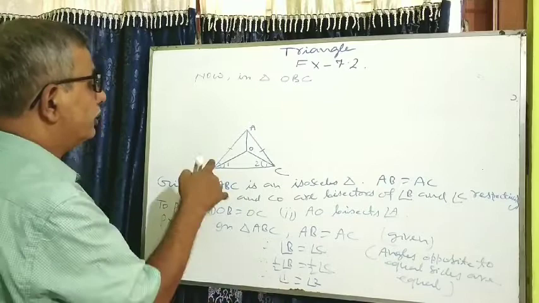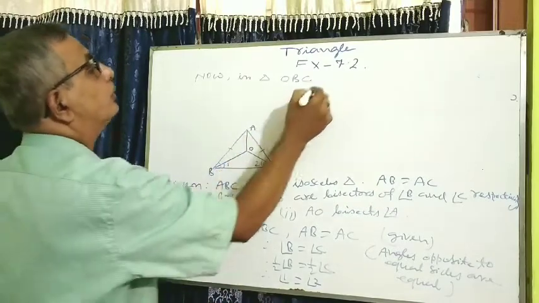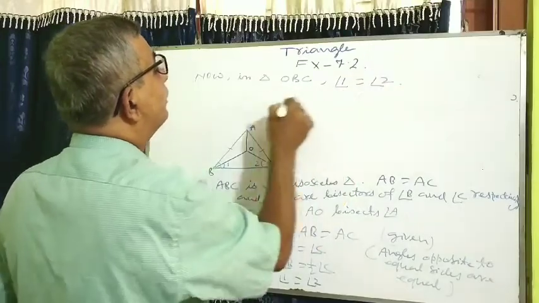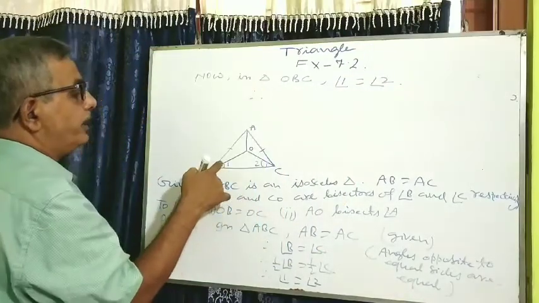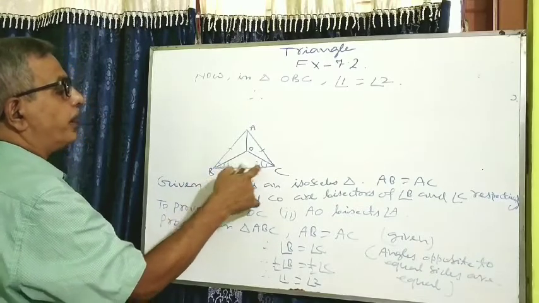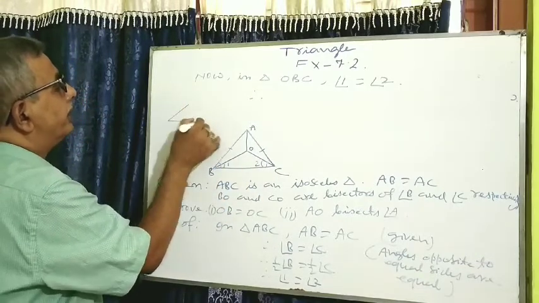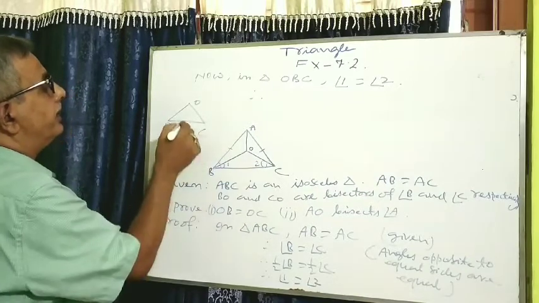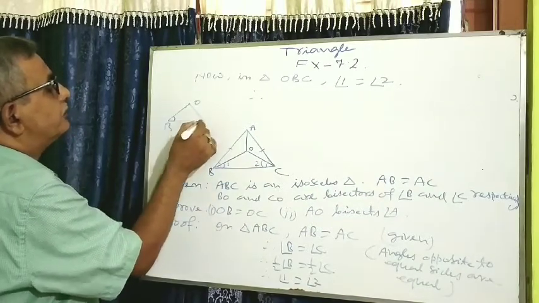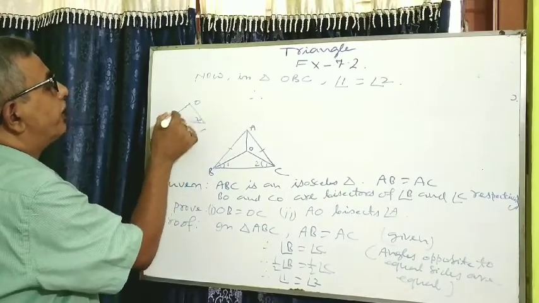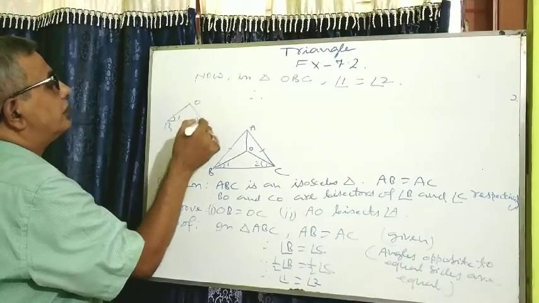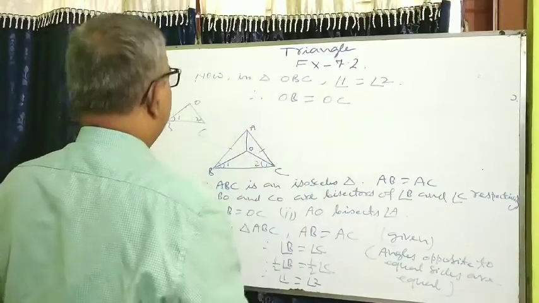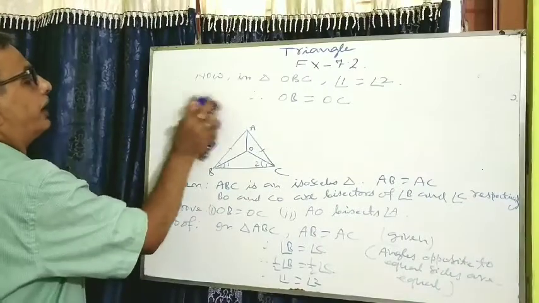Angle 1 is equal to angle 2. Therefore, what will happen? Whenever two angles are equal, their opposite sides should be equal. Here you see, OBC, this triangle. Here what happened? This angle is equal to this angle, 1 is equal to 2. So their opposite sides will be equal. So OB is equal to OC. This one you got. Okay.